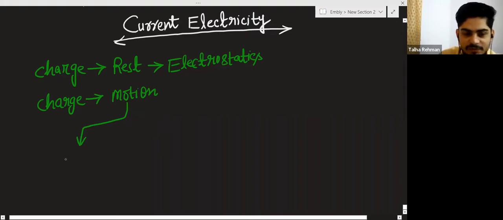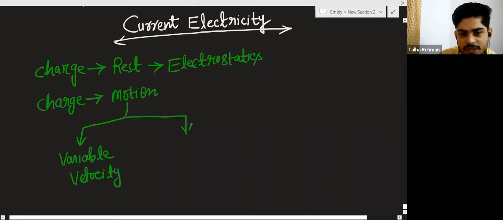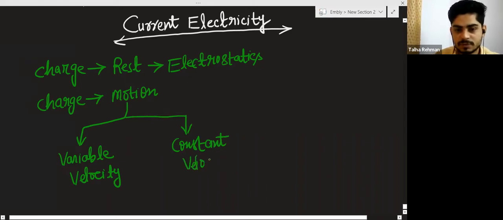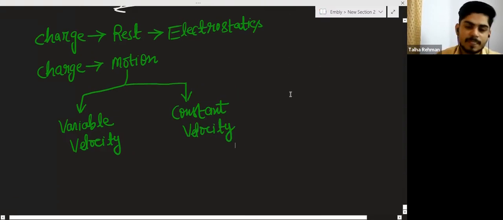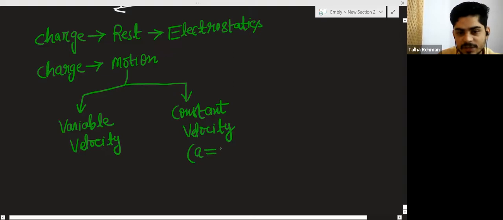The motion of charge can be with variable velocity, or it can be with constant velocity. When the charge is moving with constant velocity, acceleration, which I am representing with A, is equal to 0.